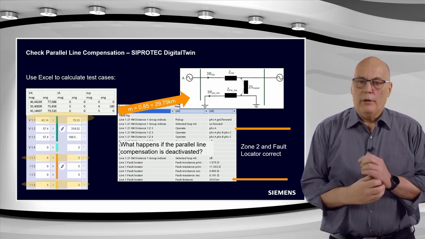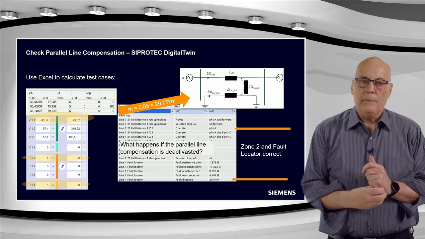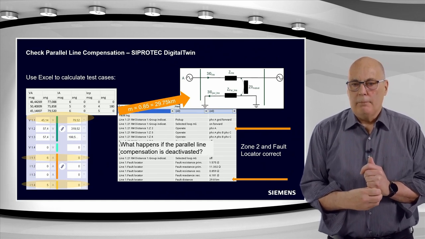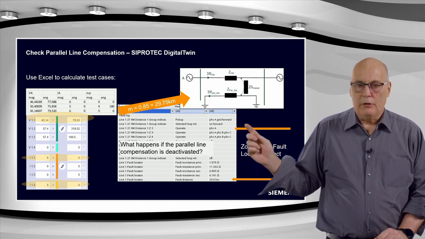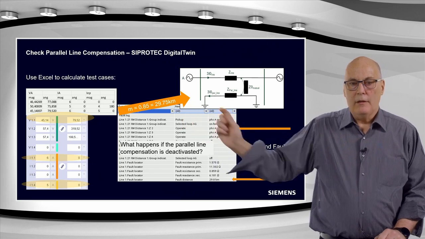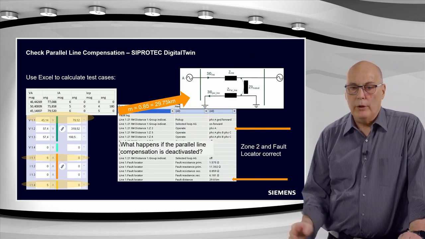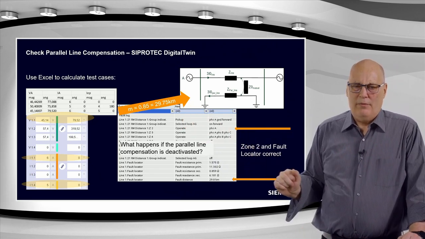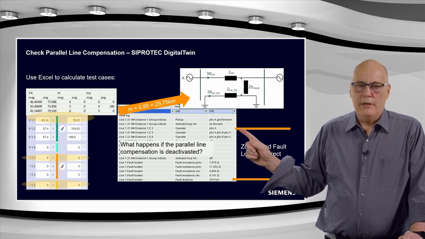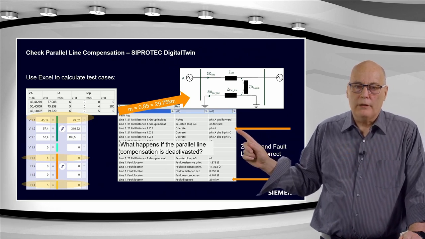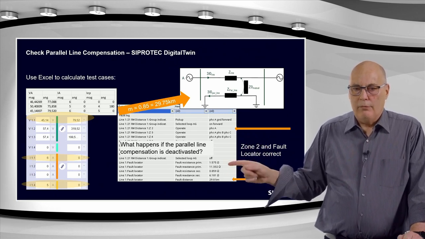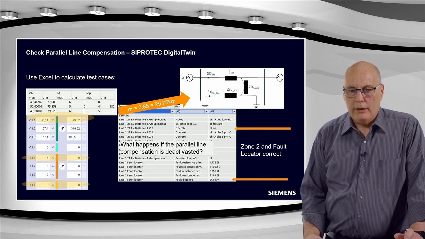Then finally, what I did just to check something is, over here we did just a relook at this case. This fault should be seen in zone 2 and not in zone 1. And if one looks here carefully, you can see here it was a zone 2 operate for that second case. And the fault location is at 29.8 kilometer where we expected.